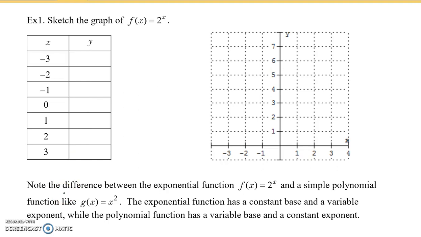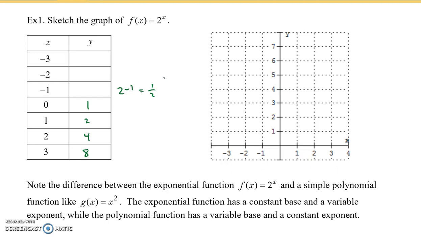So with x equal to 0, we would have 2 to the 0 is 1, 2 to the first is 2, 2 to the second is 4, 2 to the third is 8. For the negative exponents, let me begin with x equal to negative 1. We use the rule that a negative exponent means a reciprocal.